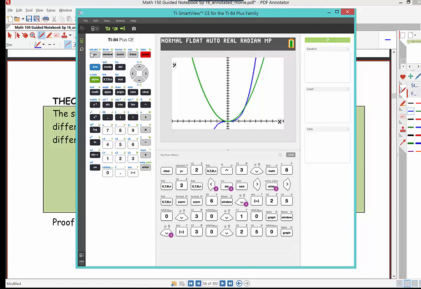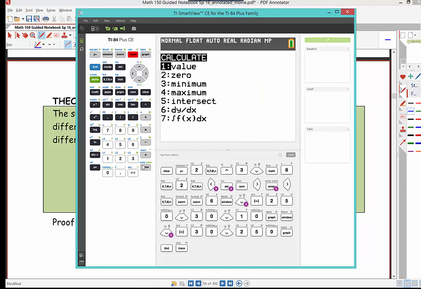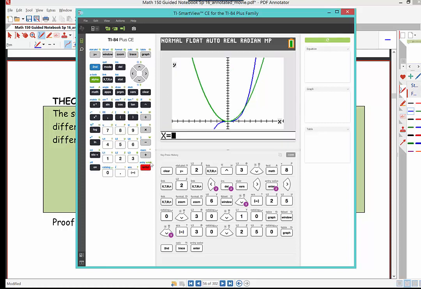And then we can go ahead and do second calculate value. So what did we have? I think one of them was when x was negative 6. Do you see that we're looking here at y1? But what about if we go to y2? Do you see we get our value there? So I'll go ahead and copy that one.